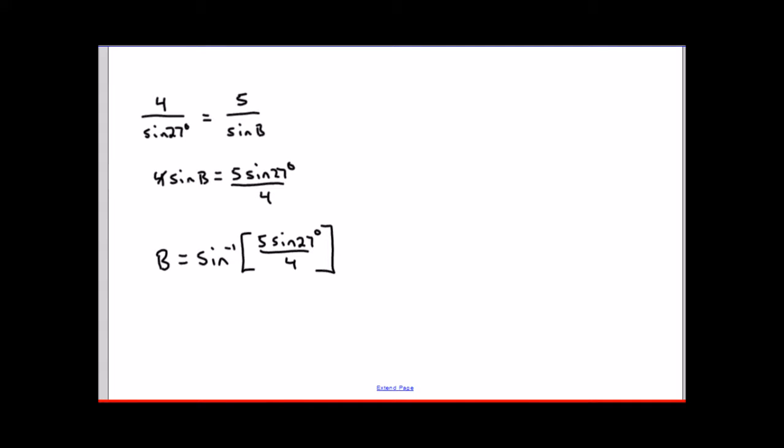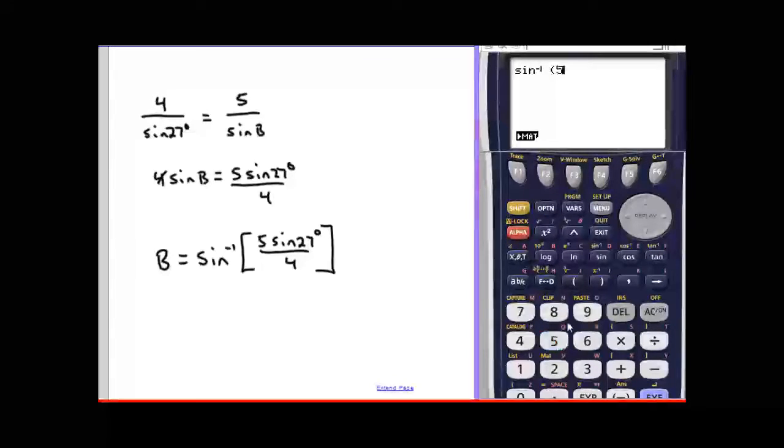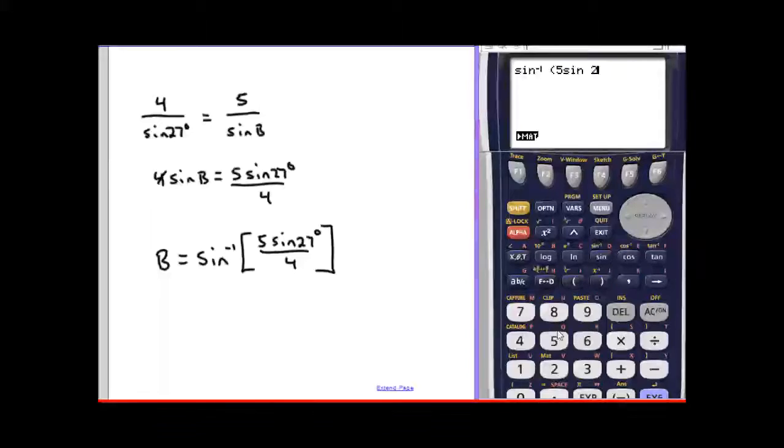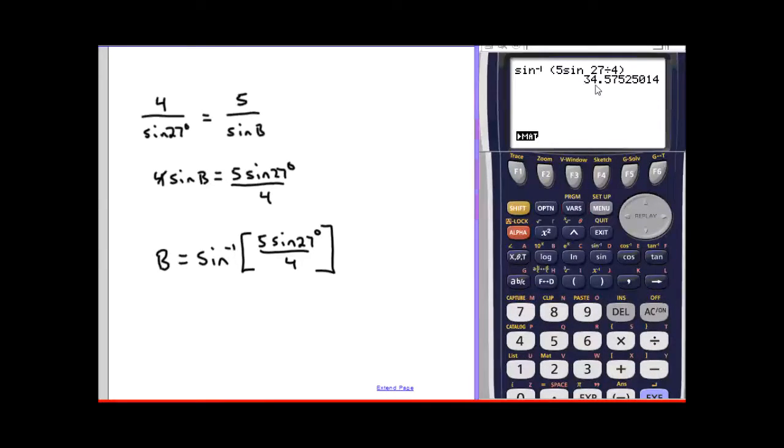Okay. So let's see now. When I grab my calculator and go to do this, I'm going to do inverse sine, and I know I need a parenthesis, and 5 times the sine of 27 divided by 4. Okay, so angle B could be 34.6 degrees. All right, let's go ahead and just go one decimal place on the angles. That should be accurate enough.